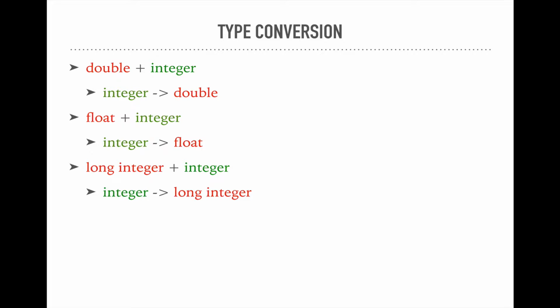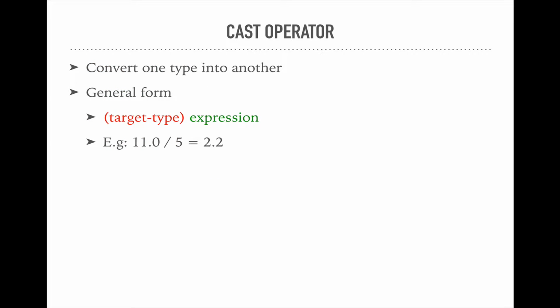And if we don't have any double variable, but we have a float variable, other variable types will be converted to float. The same with long integer. If we don't have any double or float variable, but a long integer variable, other variables will be converted to long integer. The type conversion in Java is implicit, but we have the cast operator.